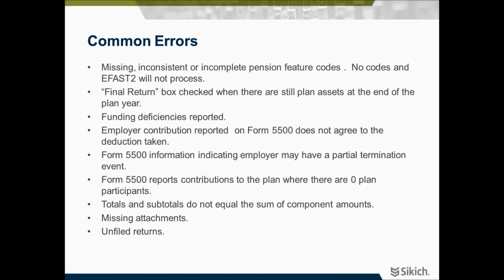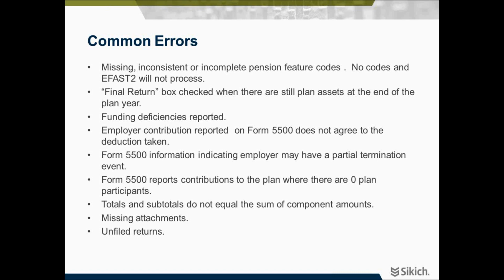That's a red flag. When there are funding deficiencies reported, that would be a red flag. Some plans will sometimes report an employer contribution on the Form 5500, and unfortunately it doesn't agree with the actual deduction that was taken. So that's a red flag. That's a common error.